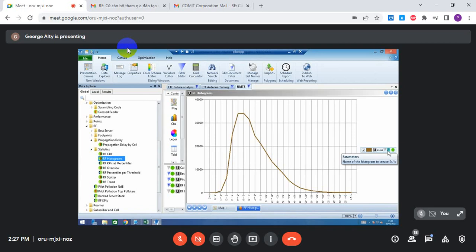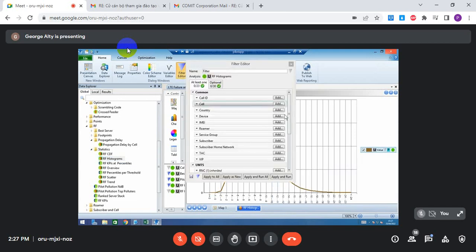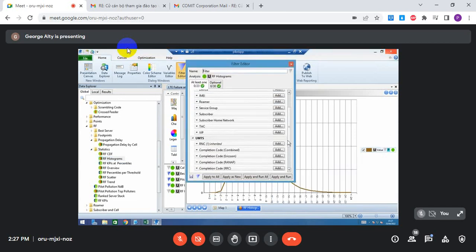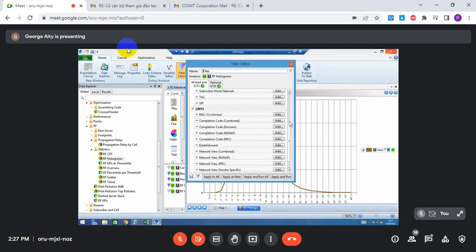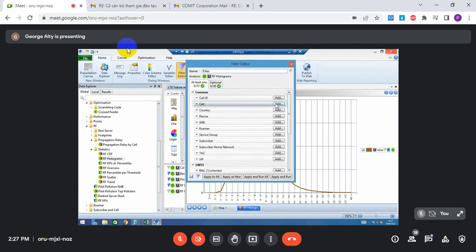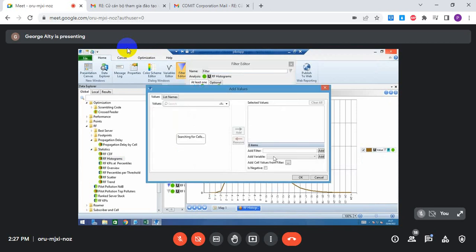Let's look at RSCDF. In fact, that's cumulative. My apologies, I should have put the filter in here. Let's have a look at that cell that we were looking at. That's the statistics for the whole area, actually. So you would say for that whole area that I was looking at, it didn't look too bad.